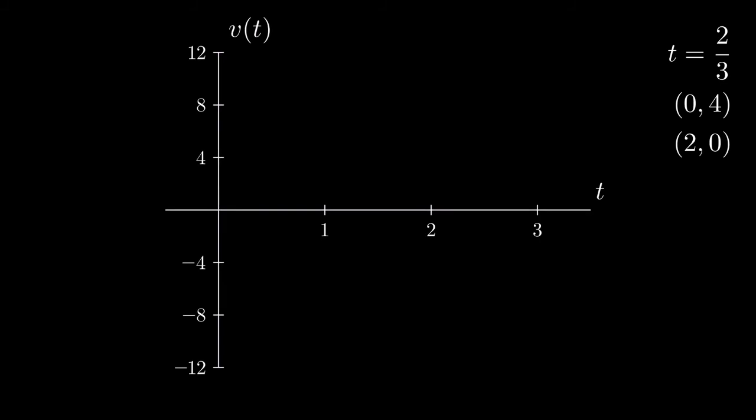We also have the maximum point. It doesn't say that you have to plot this, but you already have this t equals 2/3, so you know that's the maximum. If you drew something wildly different, you could lose marks.